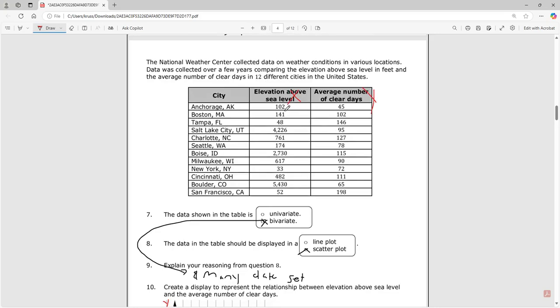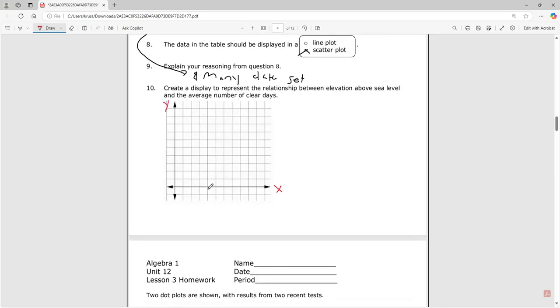So at 102, it's 45. So let's make each one of these like 500. So this would be like a 0. This is hundreds of feet.